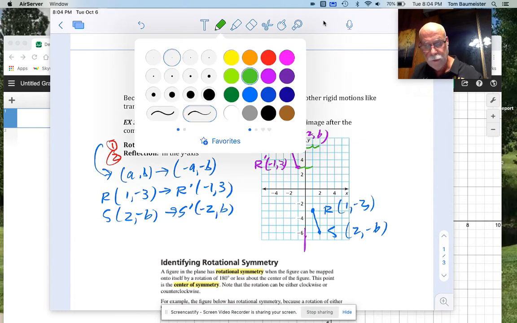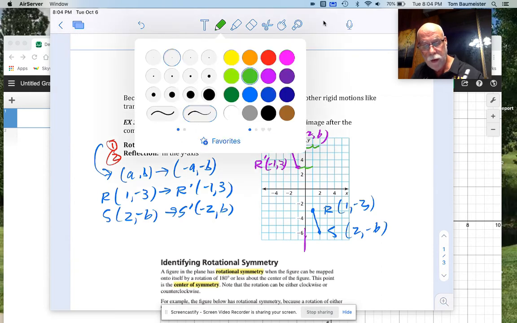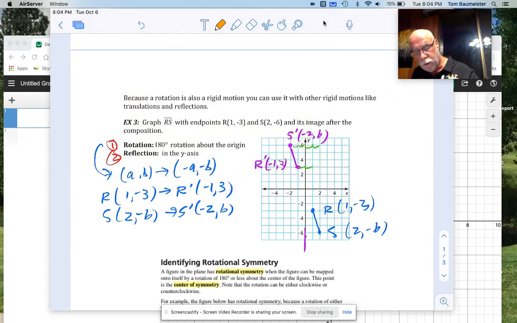Why don't I make that one orange? So my R double prime is at 1 and 3. And my S double prime is at 2 and 6.